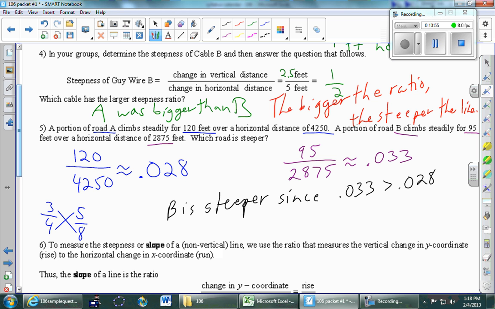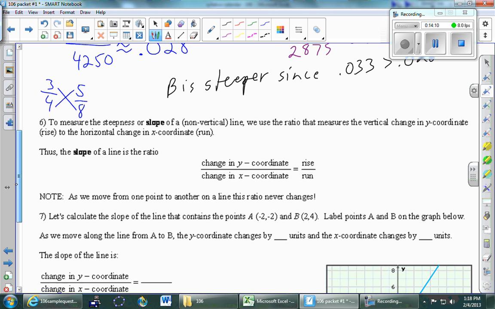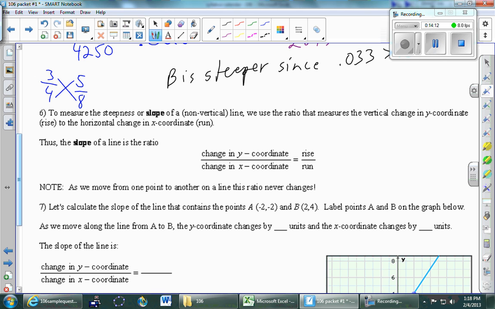Okay, number 6. We are back to Katrina. Okay, so slope is our new word. You just have to do the change in y coordinate and divide it by the change in x coordinate. That is supposed to remind us of the change in vertical over the change in horizontal.